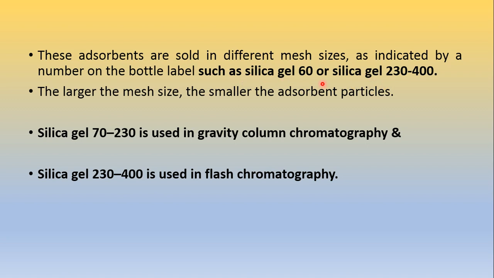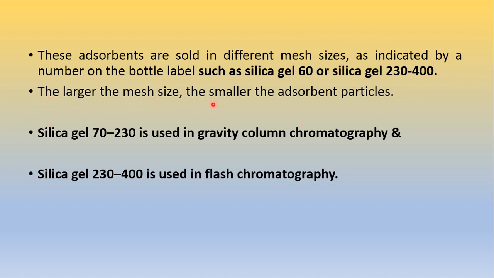This is the mesh size which is already written when we purchase a bottle from the market. So these are already available in the market in graded form, silica gel 60 or silica gel 230-400, and these numbers are related to mesh size, meaning pores per unit area when we prepare our column.